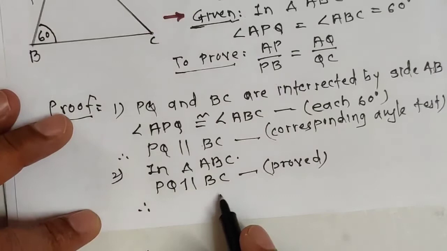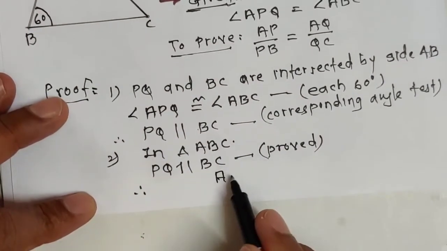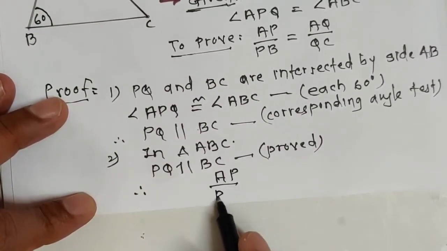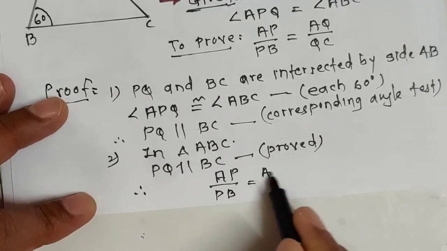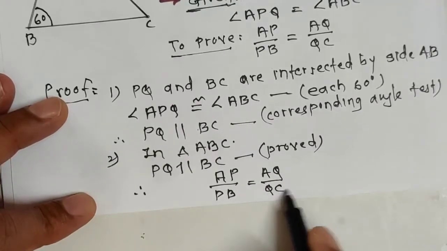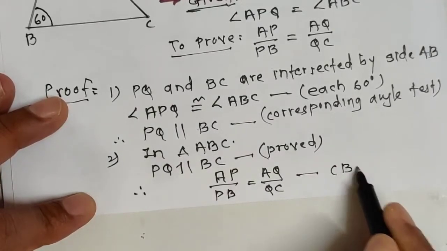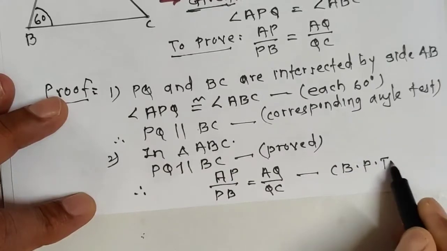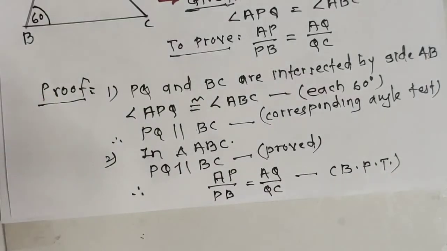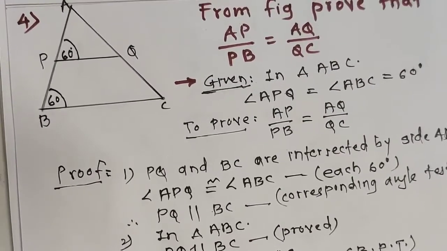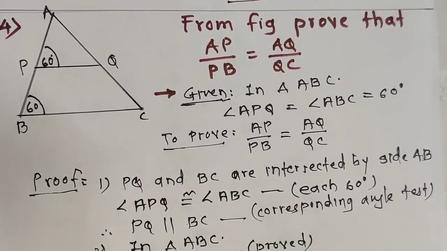So we can write AP upon PB is equal to AQ upon QC. Reason: basic proportionality theorem. So in this way, easily we can prove AP by PB is equal to AQ by QC using the property of parallel lines, corresponding angles, and the basic proportionality theorem. So let us see next.